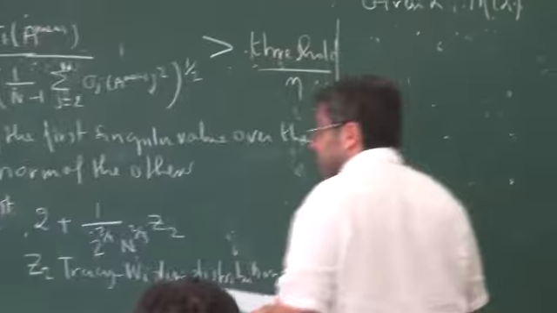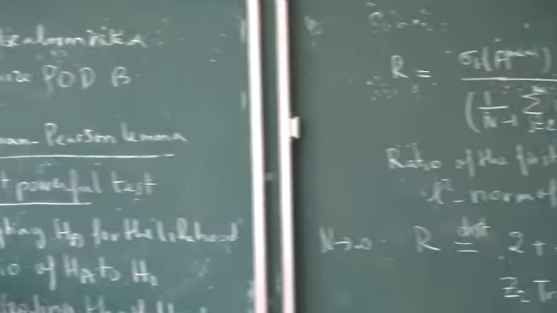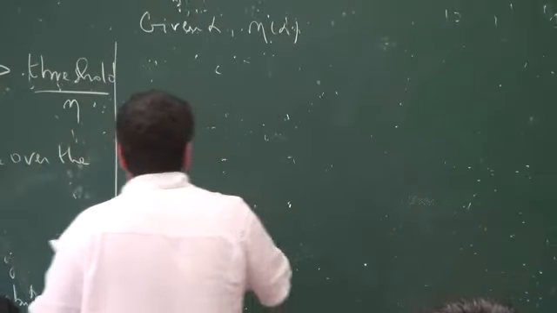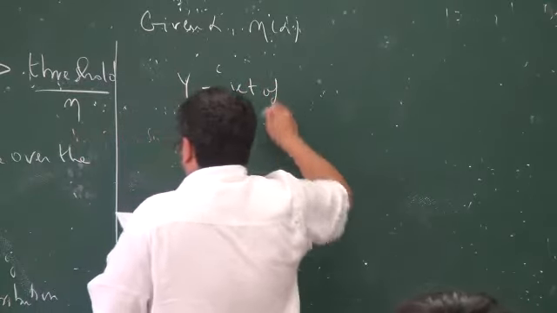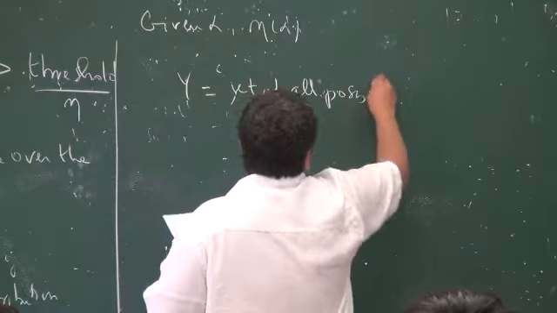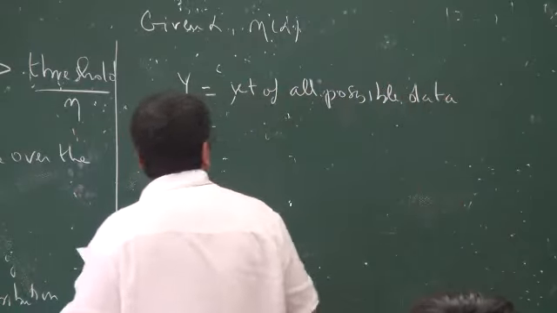Let me make it a little bit formal and then conclude this lecture. So take Y as the set of all possible data. Okay.